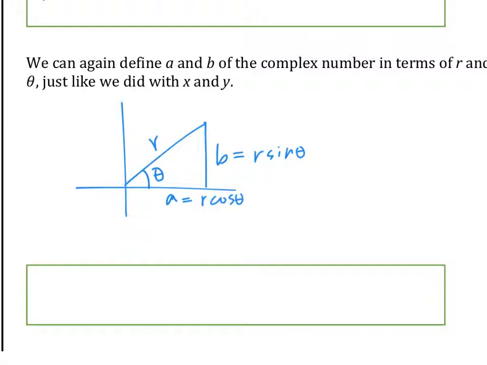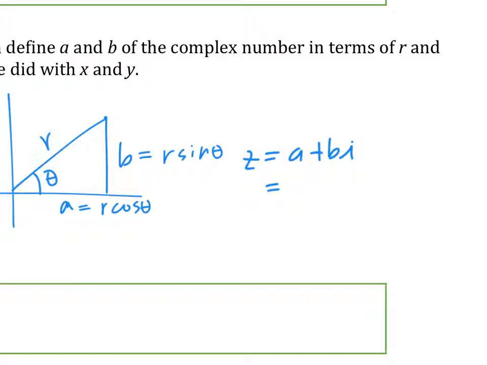Therefore, z, which is a plus bi, we can substitute all that in. Andy, are you with me? Yes, ma'am. Okay, you will be. So a plus bi is a complex number, and we can change it into an r and theta kind of form. So a is r cosine theta, and then b is r sine theta with an i in the back.